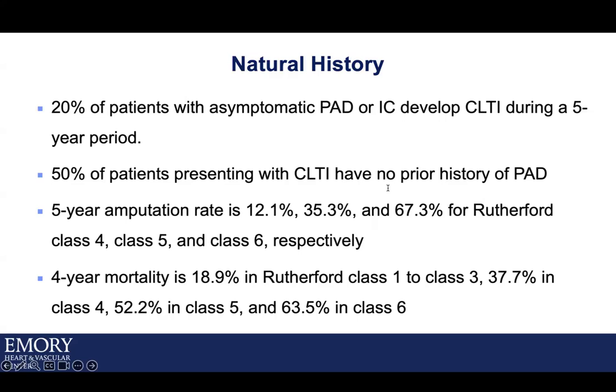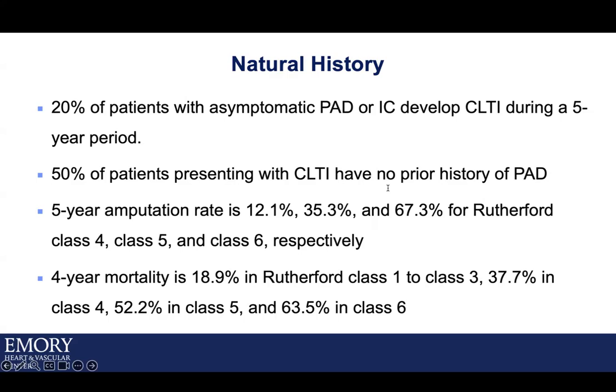When someone comes in who is asymptomatic or has intermittent claudication, there is about 20% chance they will develop CLTI in 5 years. And so these patients have to know this information so that they can take it seriously. And that risk is even higher in patients who are diabetic.